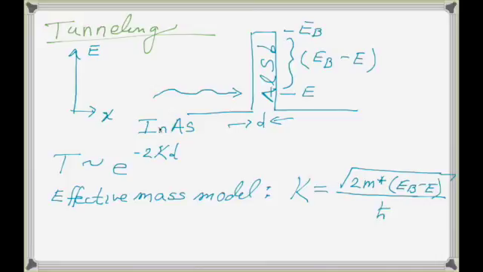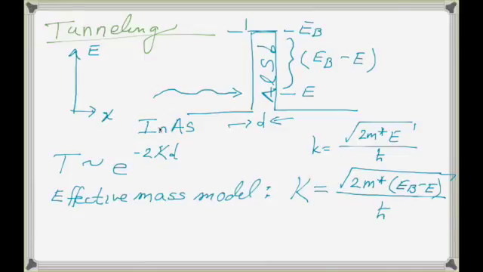So this is all we did for our parabolic model. If you remember, for our parabolic model, k is the square root of 2 m star E over h bar. So that's our relationship between E and k in the parabolic model. If we just consider this energy up here, for k in this material, this would be the relation.